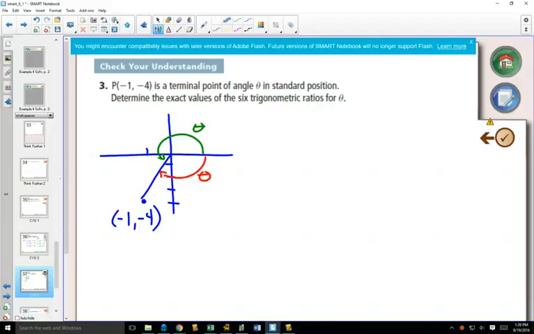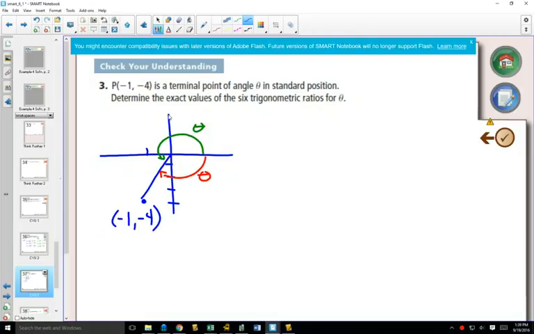Okay? And when we're figuring out the 6 trig ratios for this, this is going to get back to our idea of a reference angle. Can you see that both that red angle and the green angle have the same reference angle? The reference angle is the angle between the terminal arm and the nearest x-axis.